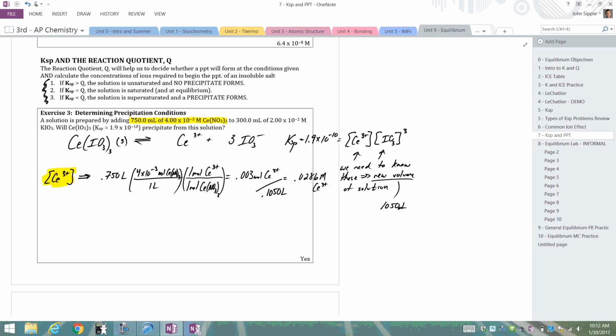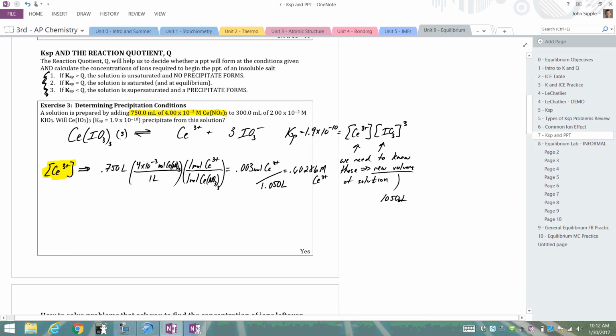Oh, yeah, it should be 1.05, sorry about that. So 0.003 divided by 1.05 liters gives us 0.0028 molar for our concentration of that ion in solution.